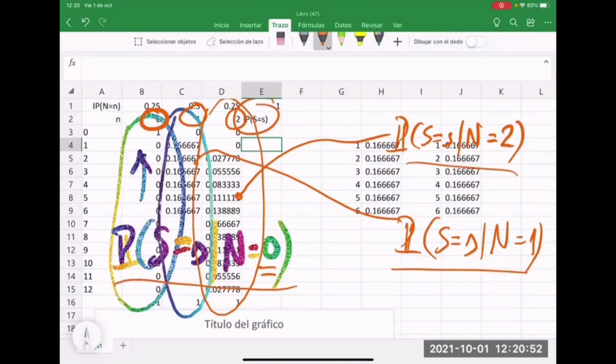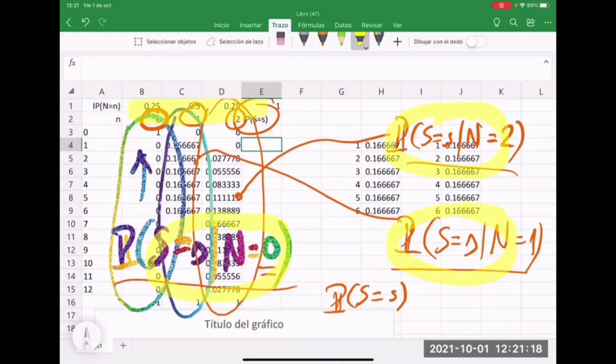By the way, in here, in the top row, we have the probability that n equals little n for little n equal to 0, 1, and 2. So maybe there is some result in the theory of probability that might help us to do this.